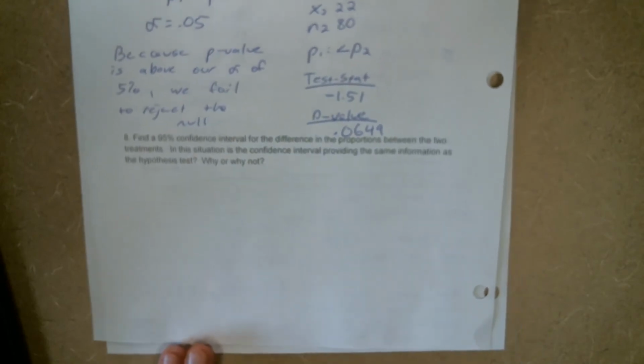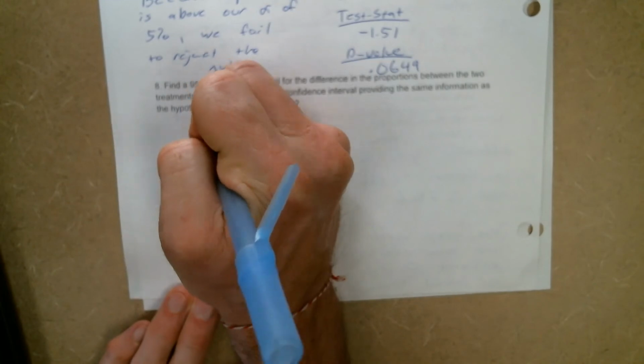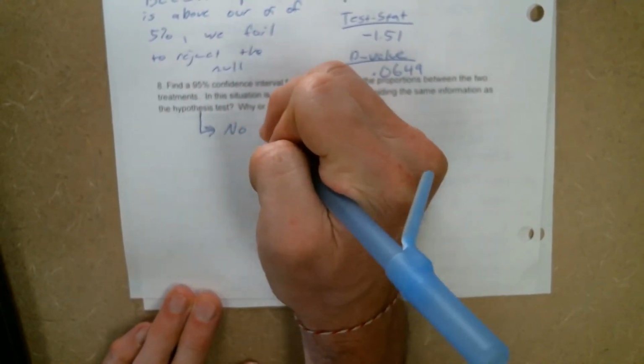All right, and then the last one here says, find the 95% confidence interval for the difference between these two treatments. In this situation, is the confidence interval providing the same information as the hypothesis test? Why or why not? So we'll answer that first. No, it is not.